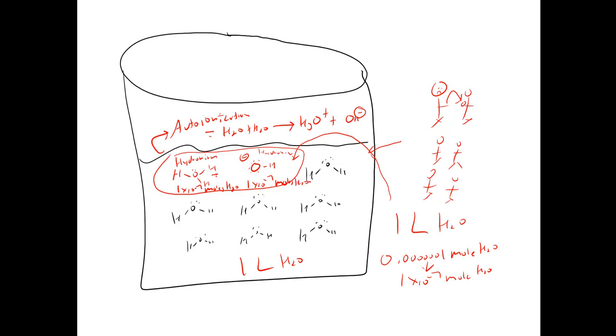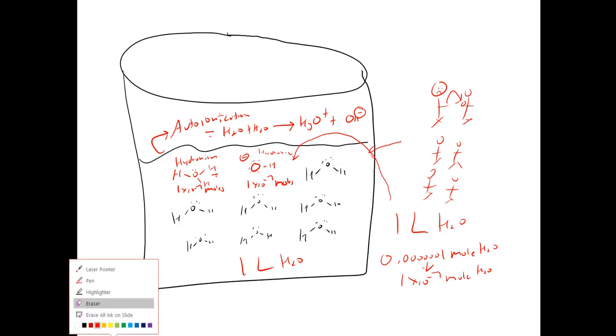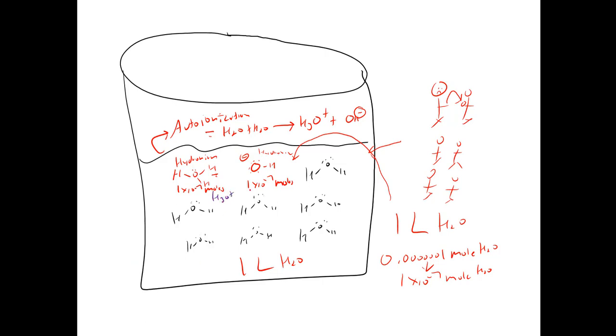And after the reaction, you will now have 1 times 10 to the negative 7 moles of, and I'll use my purple pen, H3O plus that's present, and then moles of the OH minus that are going to be present.